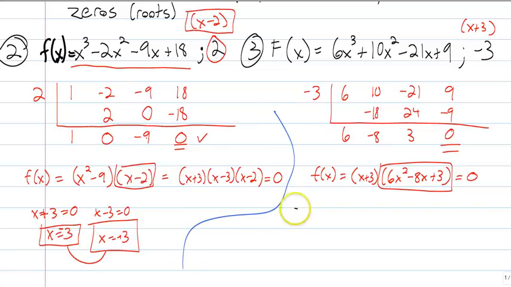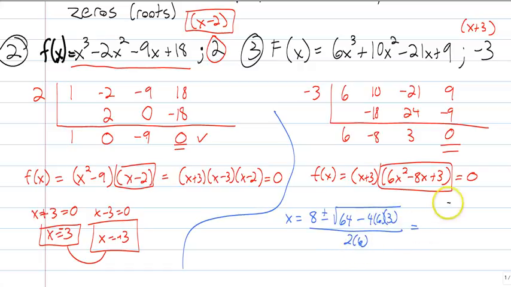I'll make some space. X equals opposite b, so positive 8 plus or minus the square root. 64 is b squared minus 4 times 6 times 3 all over 2 times 6, which is equal to 8 plus or minus the square root of negative 8 all over 12.